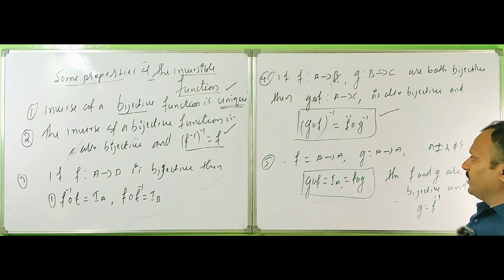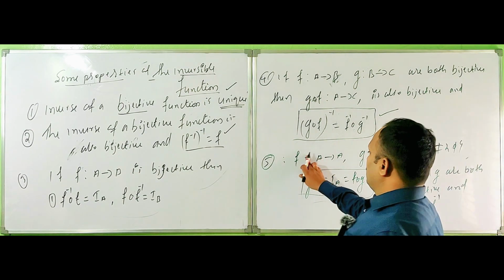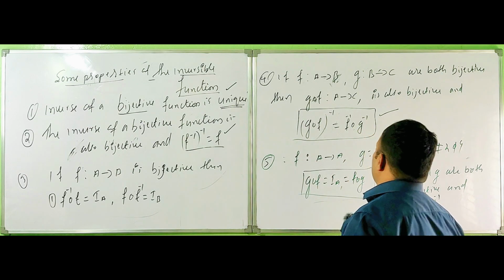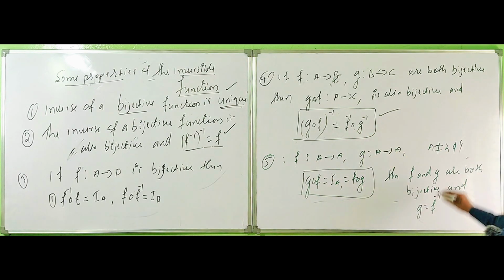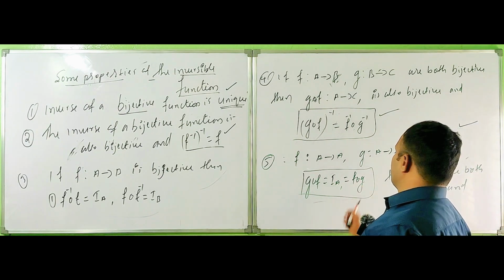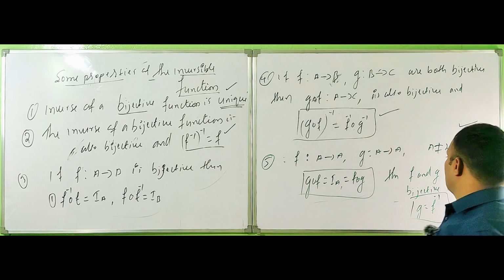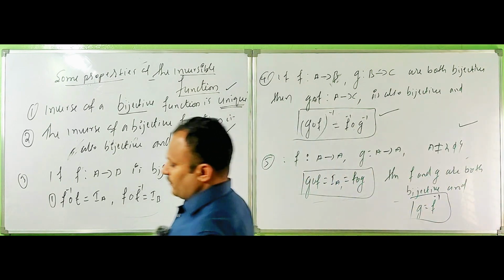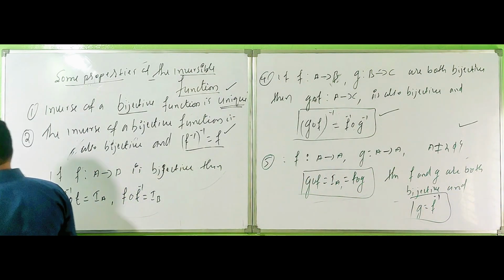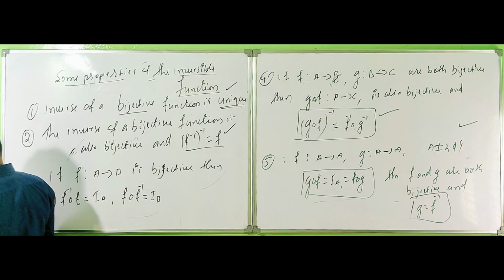And f is a function from A to A, g is from A to A, and A is a non-empty set. So g∘f equals I_A equals f∘g. This is called bijective, and g is the inverse of f. We will solve some questions based on this.